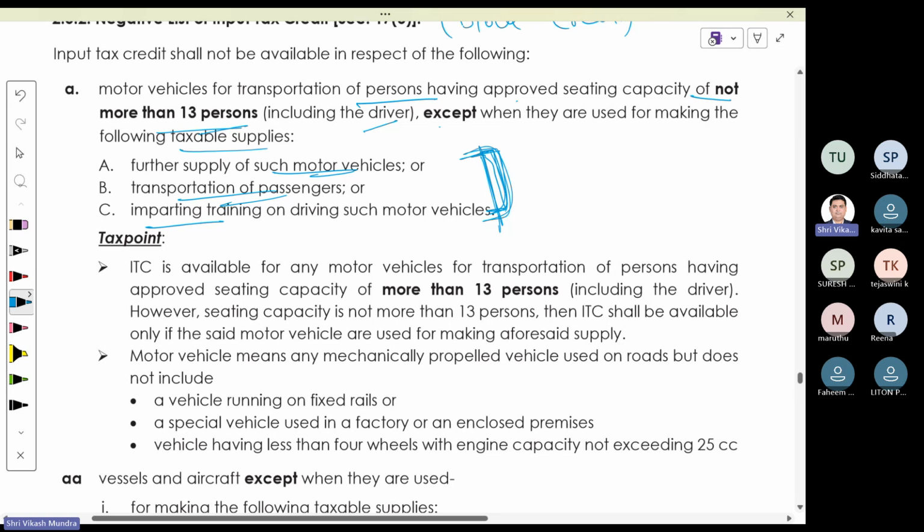That means, in a nutshell, if the motor car is used directly in my business, ITC is available. For indirect uses, apart from these three business uses, if a motor car is acquired, ITC is not available to me. Done? Clear?